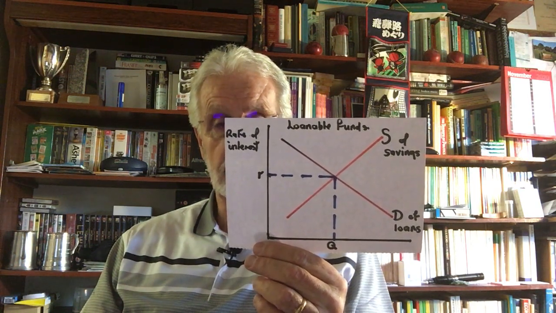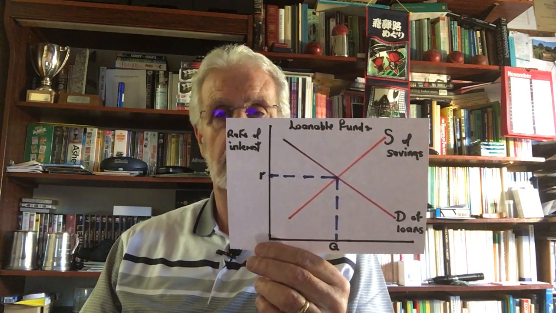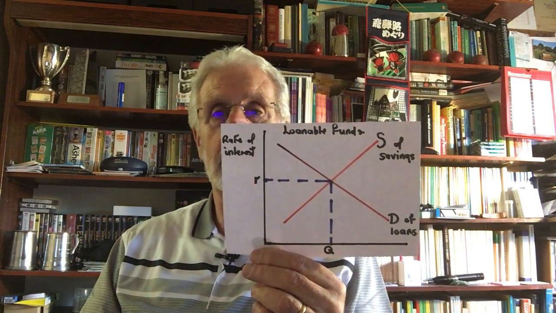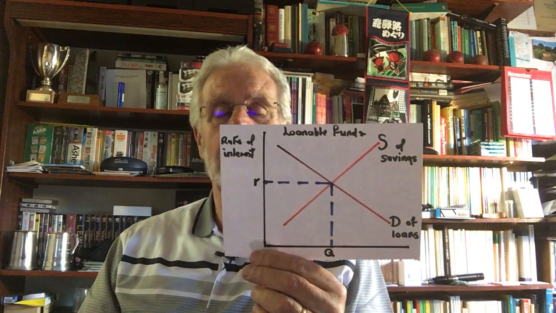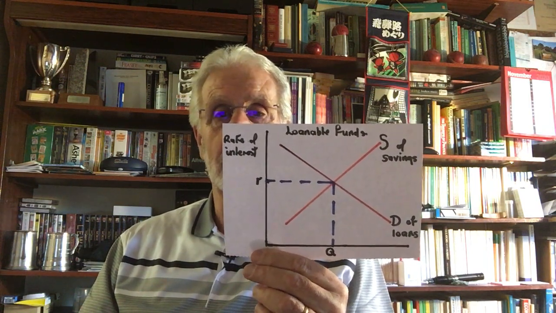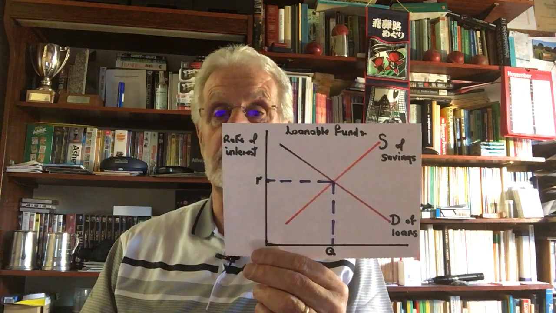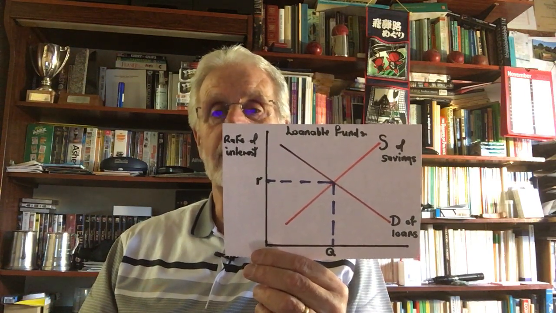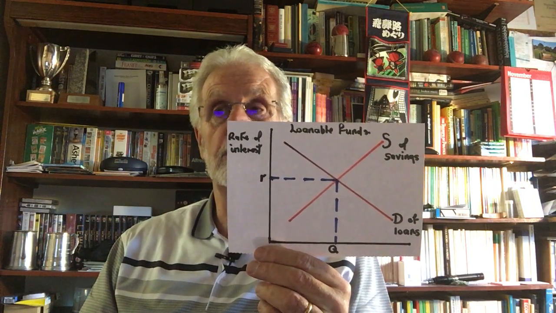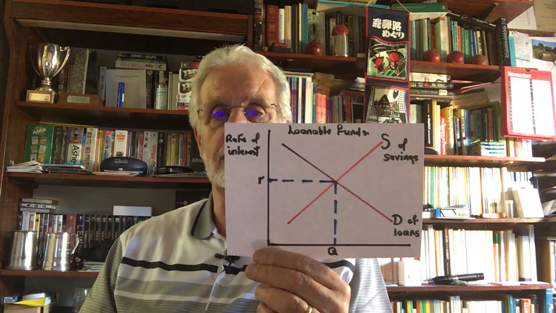You will attract people to save more money if interest rates go up. If interest rates go down, they'll hold less savings. So there's a nice slope upward from left to right. Now, the demand for loans is the opposite slope, downward from left to right, because people will be more encouraged to borrow money if the rate of interest is cheaper than if it is more expensive.